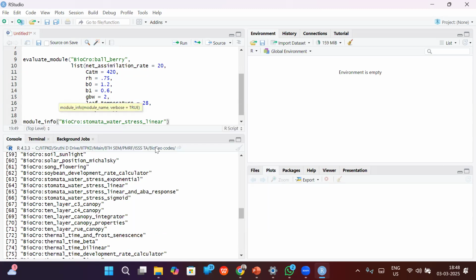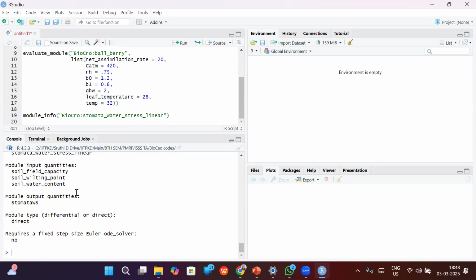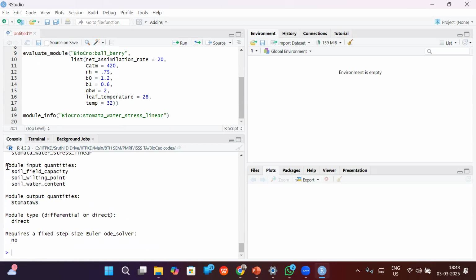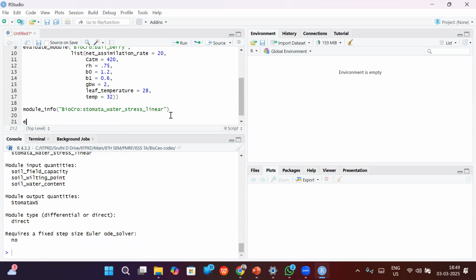When I enter, I get the input, output, and all the quantities required for that. The module input quantities are soil field capacity, soil wilting point, and soil water content, and as output you will get the stomata water stress. So again, just now we did a problem. I'm going to do the same problem with this BioCro module, which is nothing but this linear model.